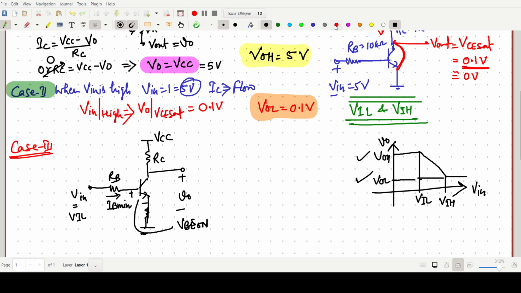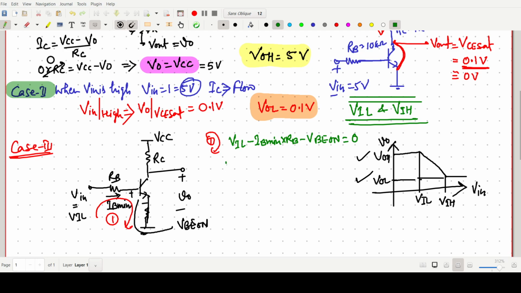So if we apply KVL in this loop, one can write VIL, for a low input, VIL minus IB minimum into RB, minus VBE on, equals to 0.